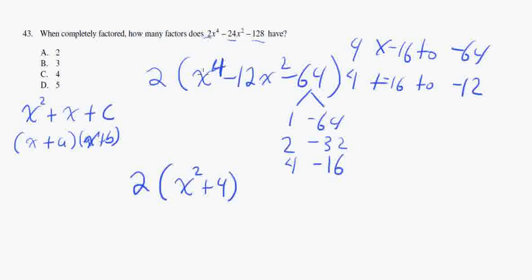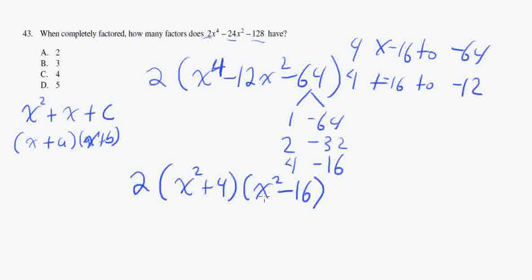Here, x to the 4 is really just x squared squared, so when we factor x to the 4, we get x squared. And the second factor will be x squared minus 16.